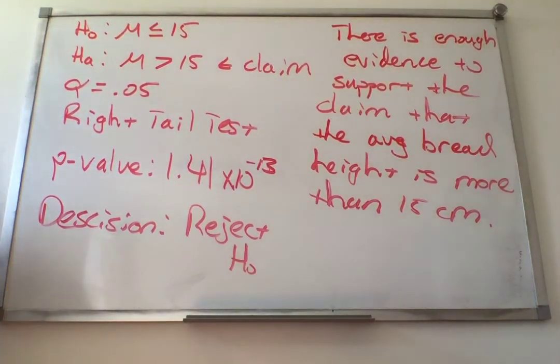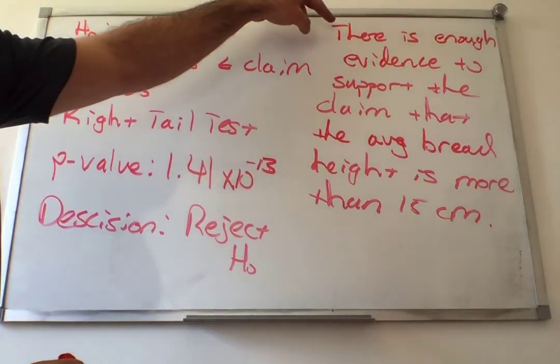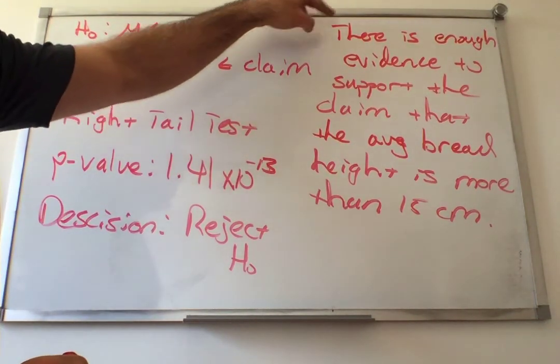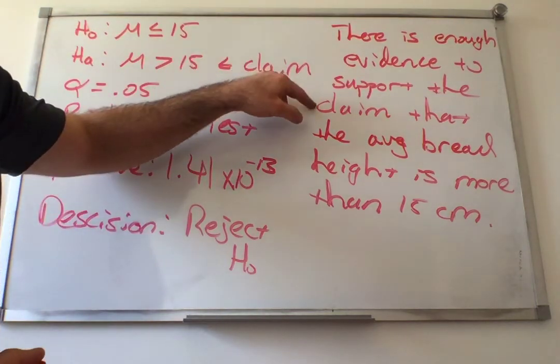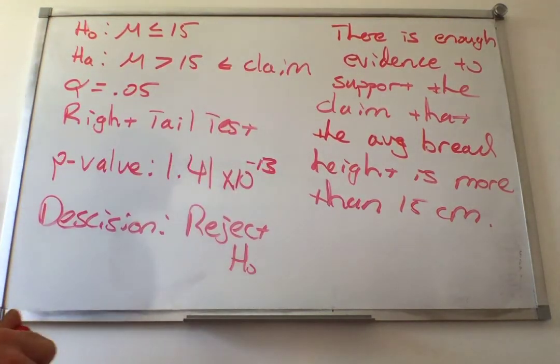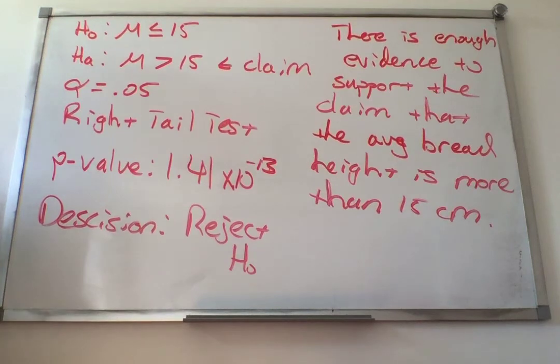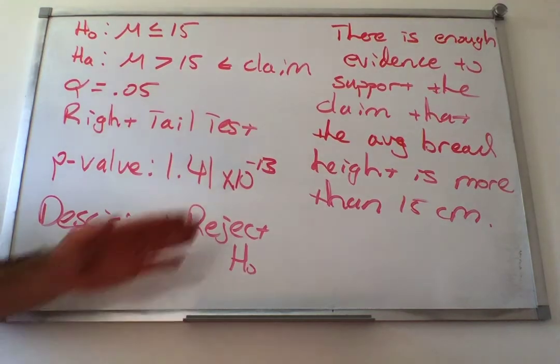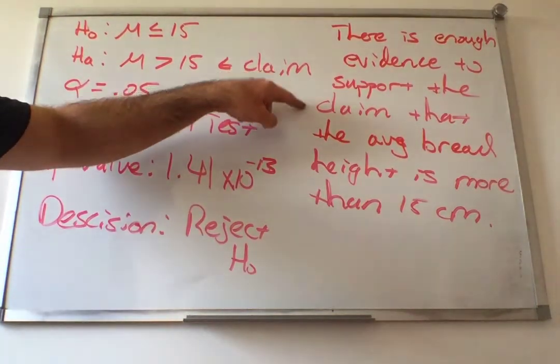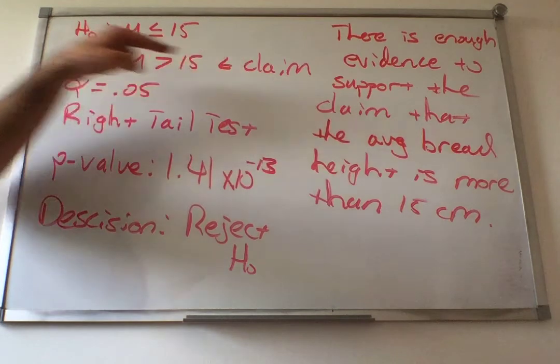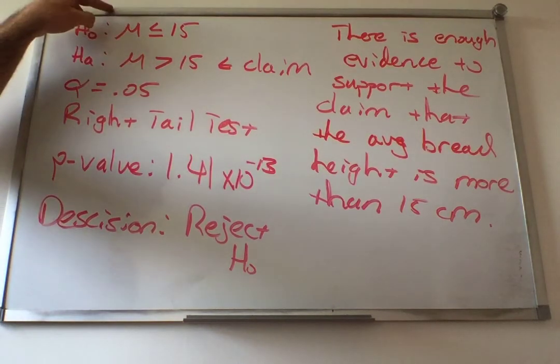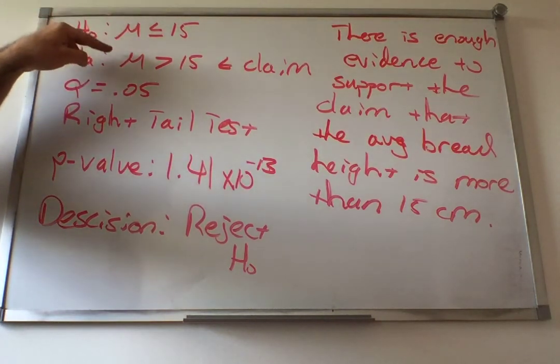Now, this is going to be very important, whether there is enough evidence or there is not enough evidence for your claim. There's many ways of writing your conclusion. One consistent way that I like of writing the conclusion is to make a conclusion about your claim, okay? Your claim was here. Since we reject this, we have enough evidence for this.